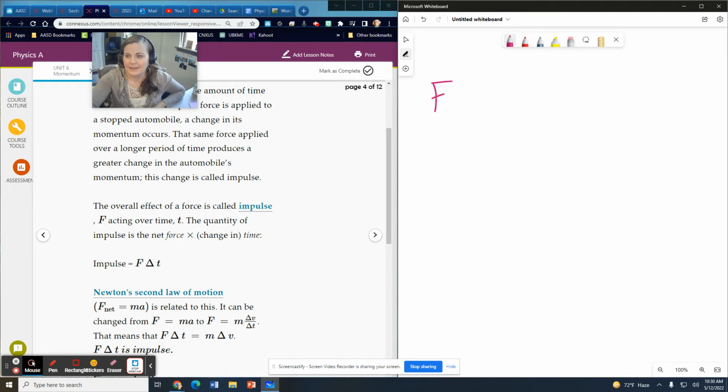Force is equal to mass times acceleration. Well, we know that acceleration is just change in velocity over change in time. So I'm going to substitute change in velocity, or delta V, over delta T here. That's what force is equal to.